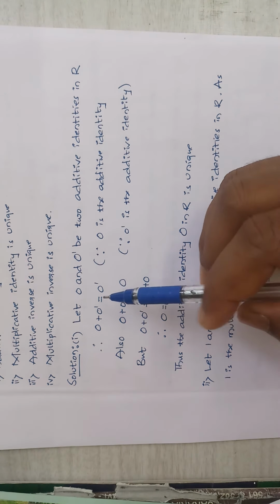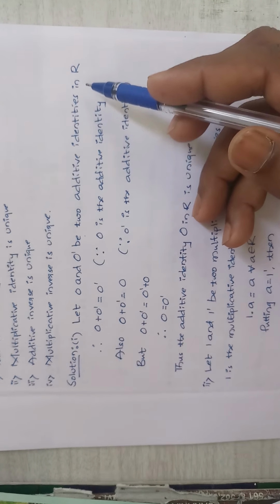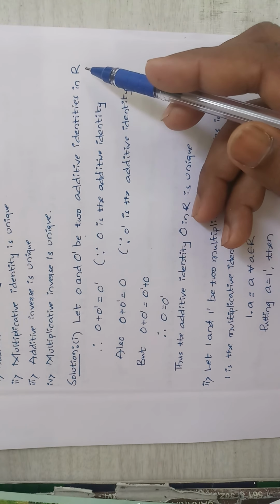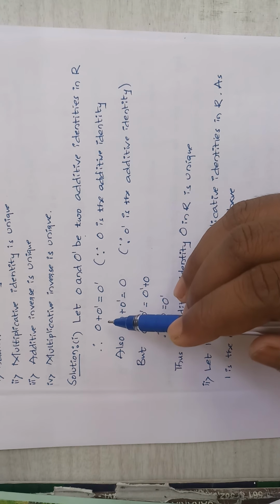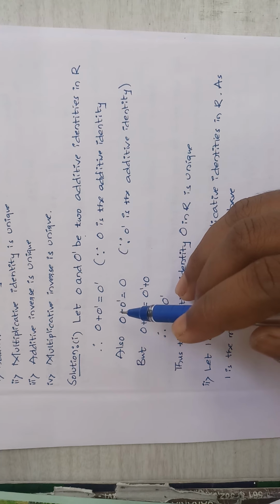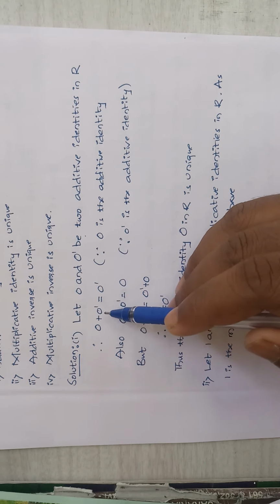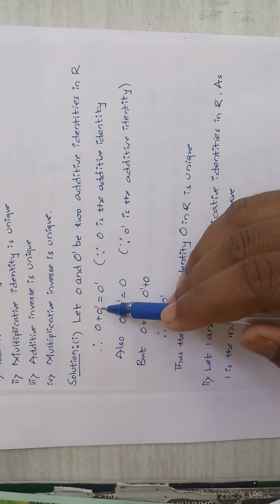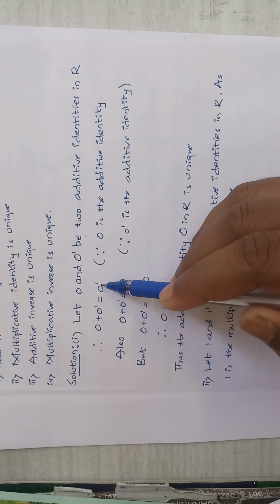So let 0 and 0 dash be two additive identities in R. If we write A plus 0 is equal to A, there 0 becomes the identity element. In place of A I am taking 0 dash. Therefore 0 plus 0 dash is equal to 0 dash.